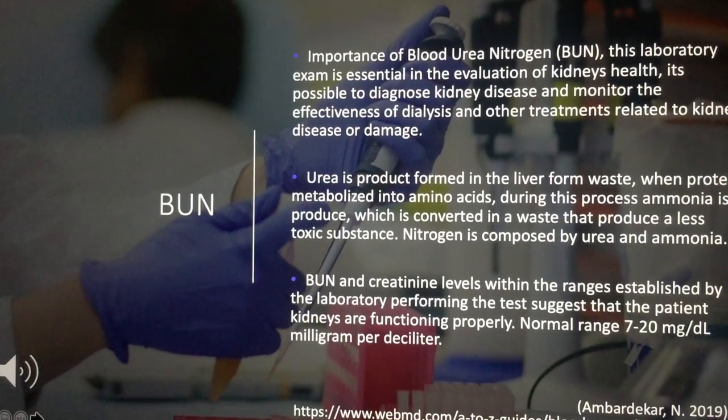If the range is above, that means the kidneys are not working properly. As an example, it could be due to kidney stones, kidney failure, kidney disease, or increased protein breakdown in the diet. But if the levels are below, it may be because of severe liver disease or malnutrition.